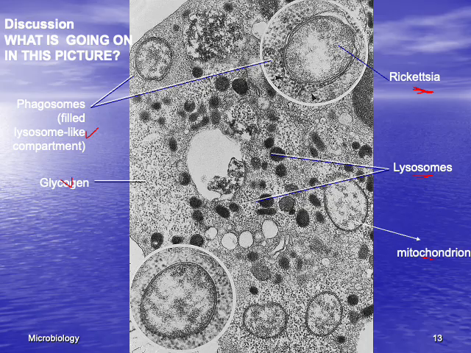Probably the lysosome is trying to break down these Rickettsia, right? These small bacteria that could hurt the cell. Well, the body cell, a eukaryotic cell, because it has lysosomes and mitochondria, is basically trying to kill the Rickettsia. So that's what's going on here in this picture. If you know all the basics of what each is doing, you can put together and figure out what's going on overall. Hope that makes sense.